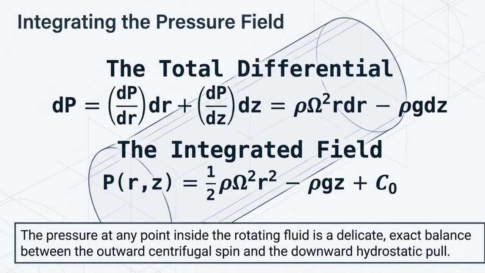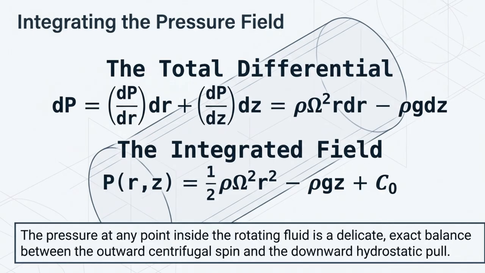By integrating this, we get the pressure field, which is P as a function of r comma z, equal to 0.5 into rho omega square r square minus rho g z plus c naught.